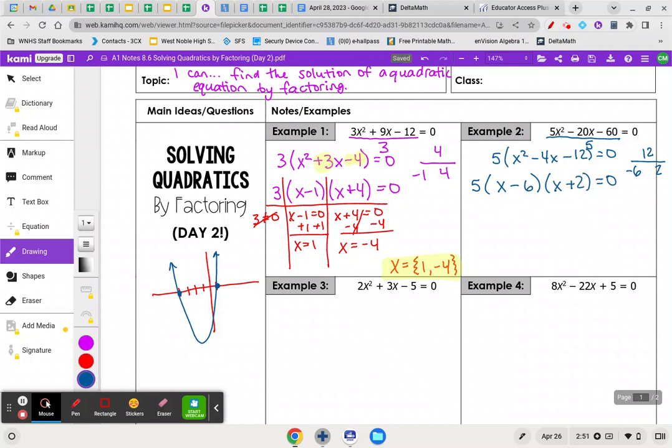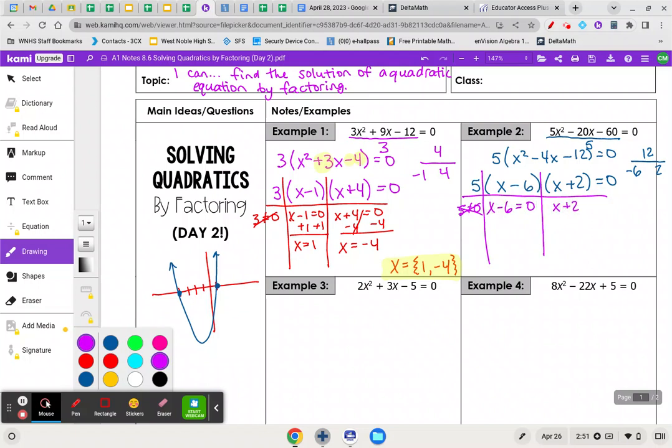Go ahead and split these down the middle wherever there is multiplication. Once again, 5 does not equal 0, so this doesn't help us any. But I can solve for the rest of these x values. And we do have that shortcut where you can just switch the signs and get your solution.